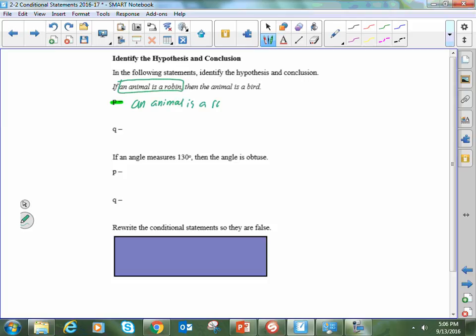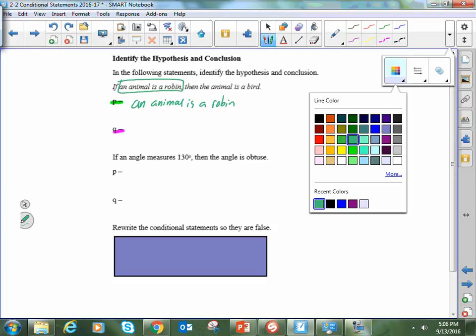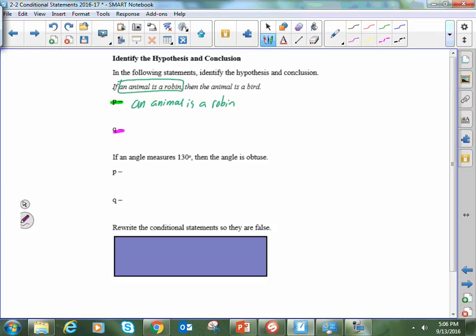So let's pick a different color here for our conclusion. Now the conclusion, again, comes after the word then. So the animal is a bird is the conclusion.